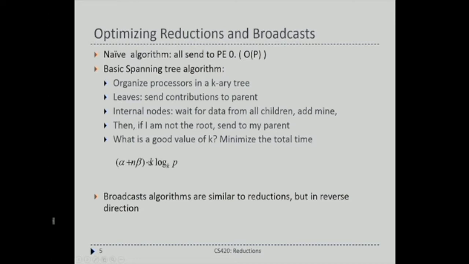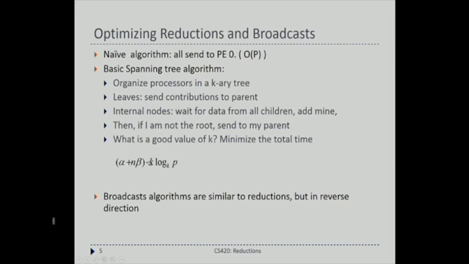It's instructive to do the math, but we don't have time in the class. But what will happen is that you will get a combination of these two. You're going to get the pipelining across the n over m packets that are going up, and each one of them is going to cost alpha plus m beta, but no log k, because the log k factor is pipelined.